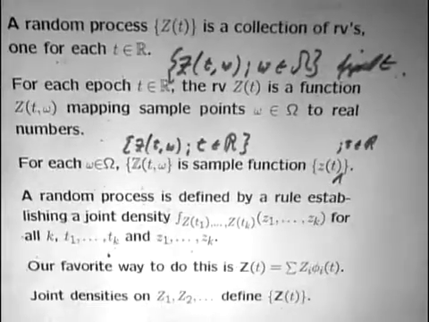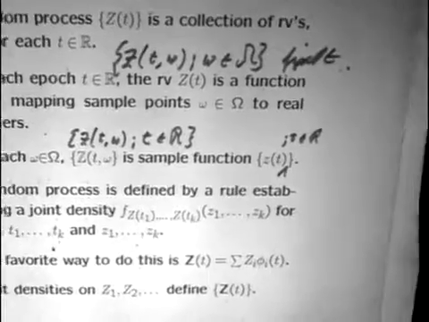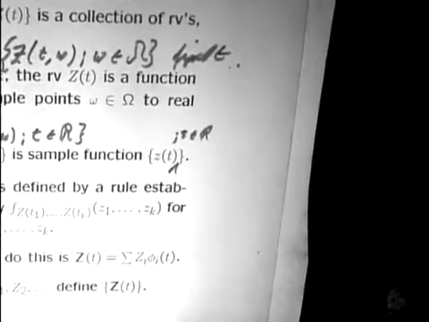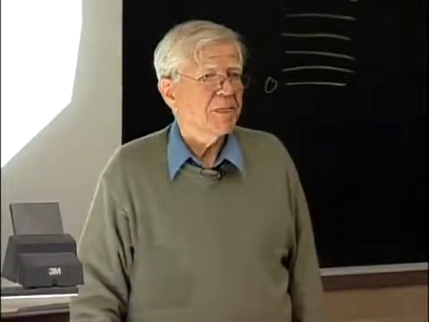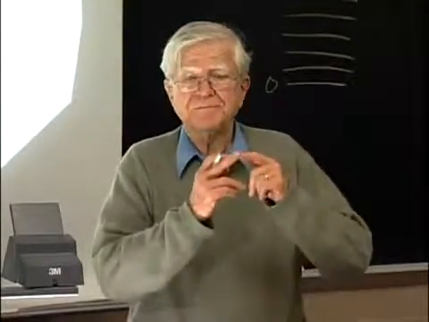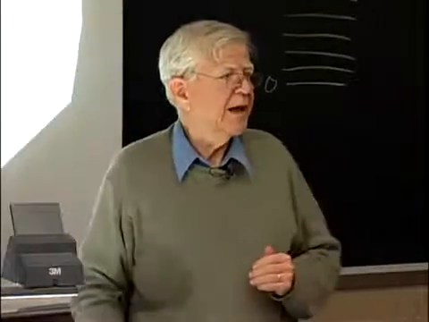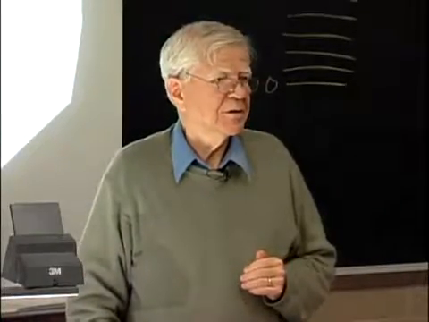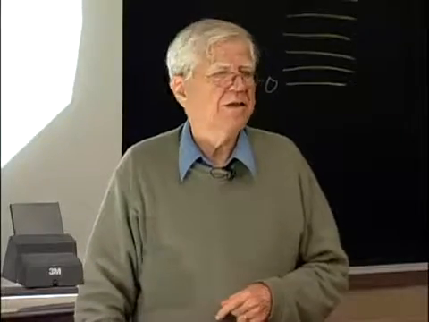What do I have then? I have a random variable. If I look at a fixed t, and I'm looking over the whole sample space, that's what you mean by a random variable. If I hold omega fixed and look over the time axis, what I have is a sample function. Okay. I hope that makes it a little clearer what the game we're playing is.